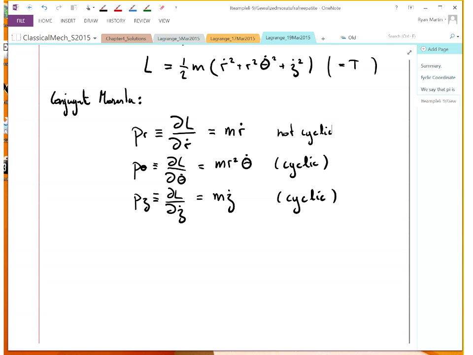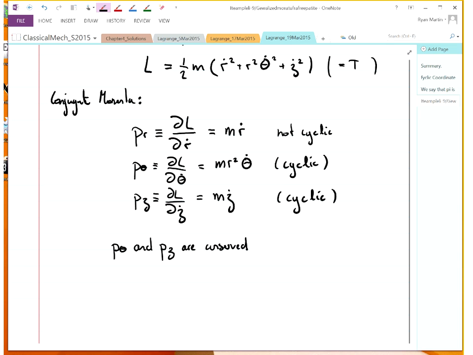So now, from the properties of cyclic coordinates, we see that p theta and p_z are conserved. p_r is not conserved.